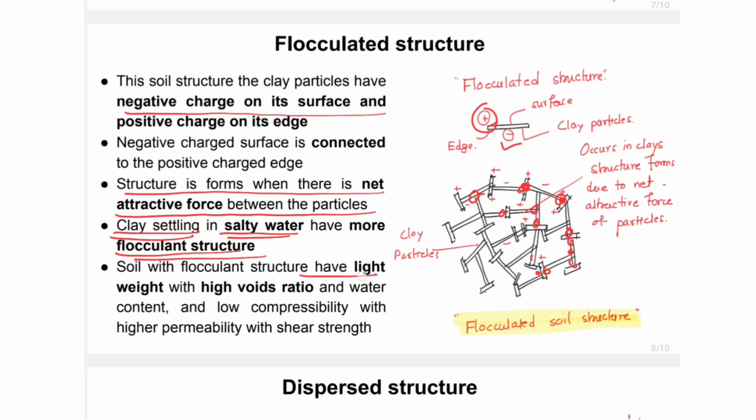This structure is light in weight, obviously the void ratio is very high, and water content is also higher as it is clay with a higher void ratio, and permeability is also higher. At the same time, it also has some moderate shear strength. This is the flocculated structure.